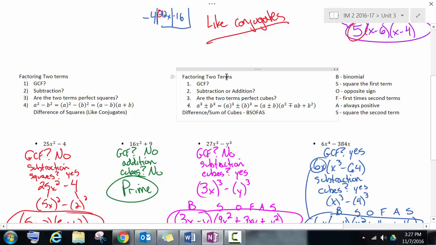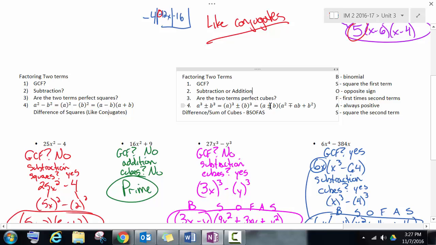If we're factoring two terms, again, we look for a GCF. Now it can be subtraction or addition. And if it's either one of those and the two terms are perfect cubes, something times itself 3 times. So a cubed plus or minus b cubed, it could be either. Then it equals that same thing without the cubes.